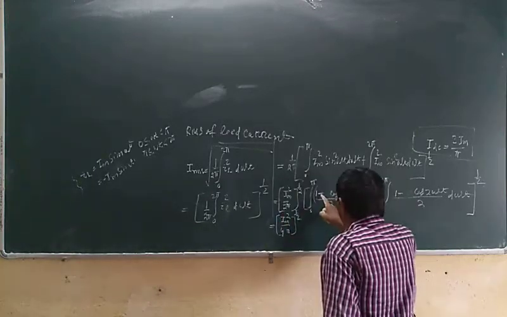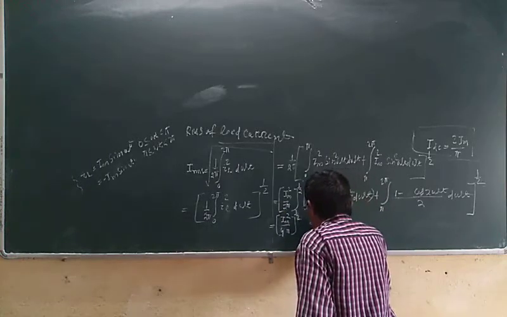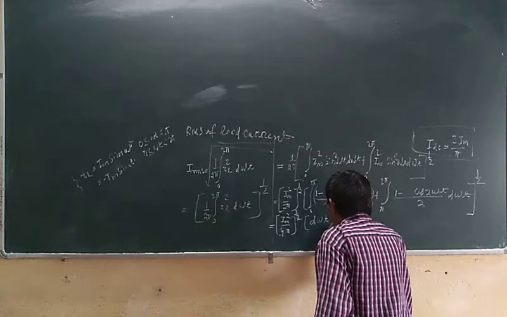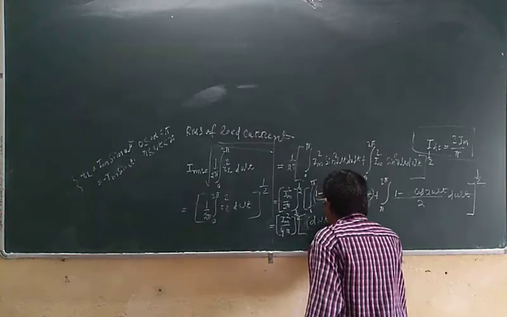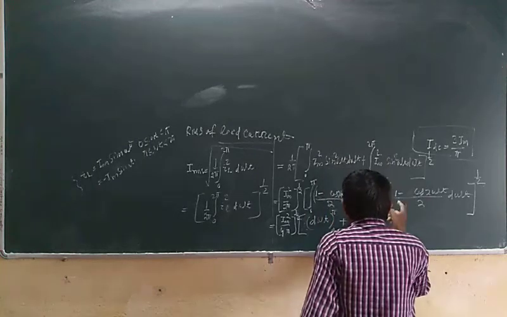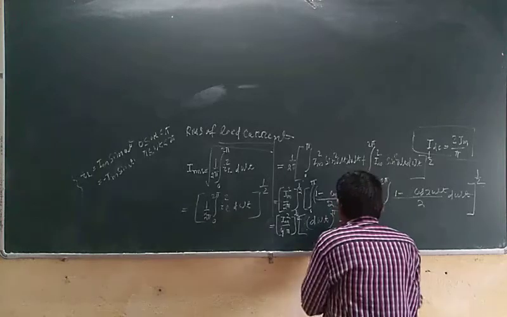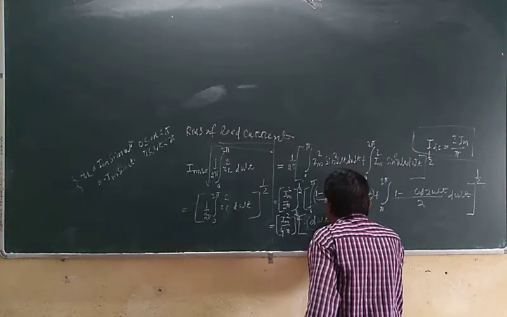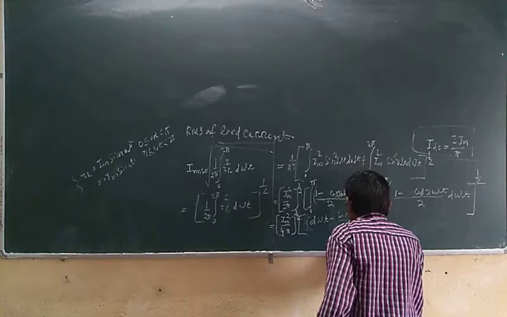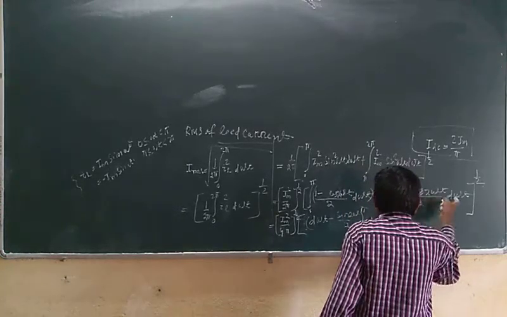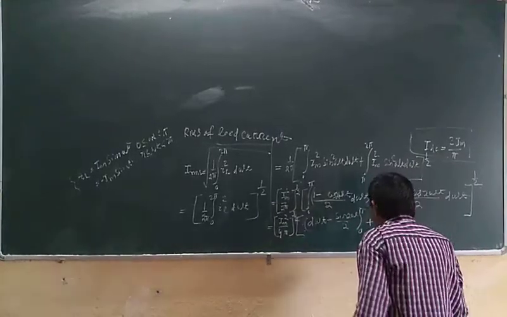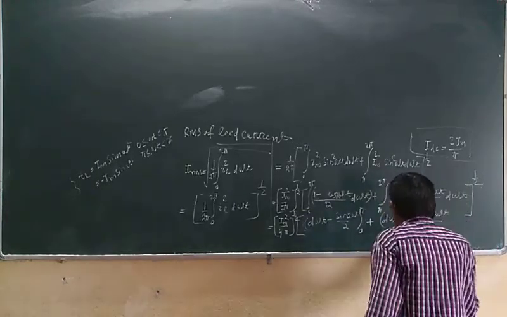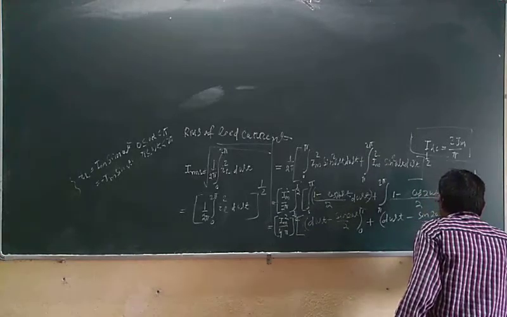Integrating 1 minus cos 2 omega t, the d omega t from 0 to pi gives omega t minus sin 2 omega t by 2, from 0 to pi, plus again d omega t minus sin 2 omega t divided by 2 from pi to 2 pi, under root 1 by 2.